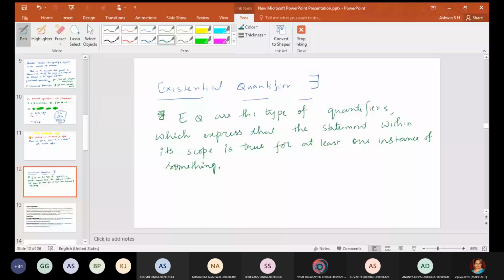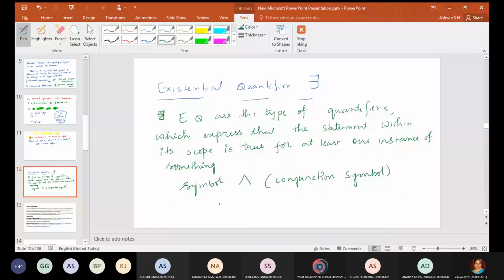Okay, so please note, whenever you are using existential quantifier, you have to use the conjunction symbol. You have to make use of this symbol.